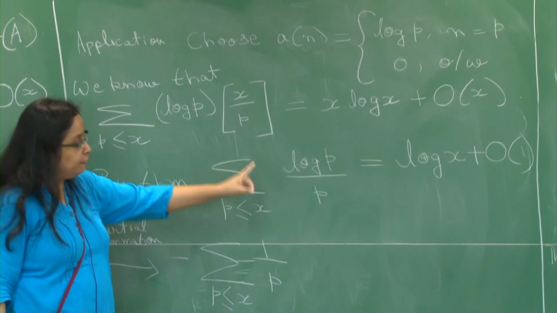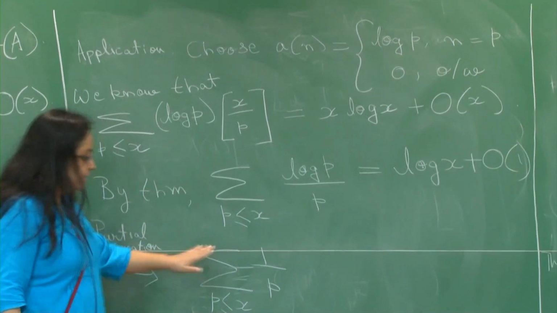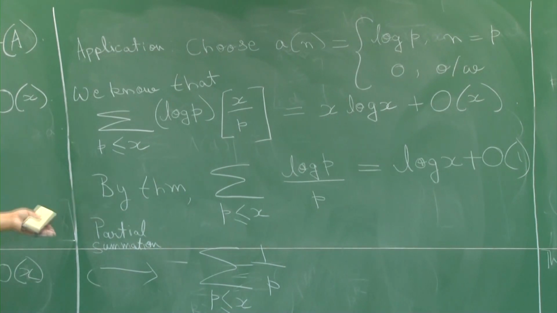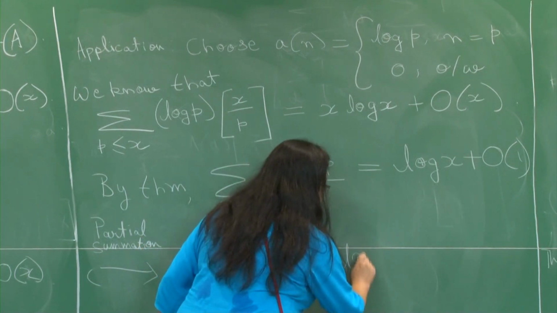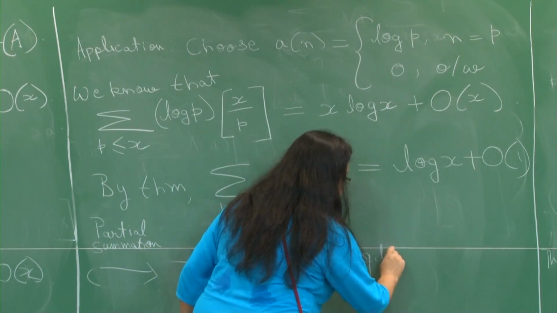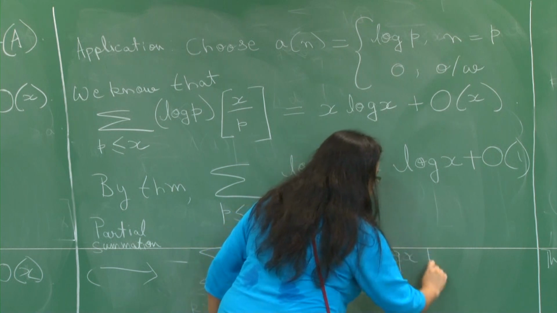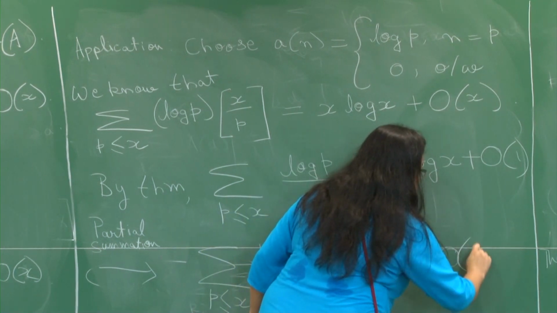Then summation A of n f of n turns out to be exactly this sum, and then you apply your partial summation. This will turn out to be equal to log log x plus O of 1.